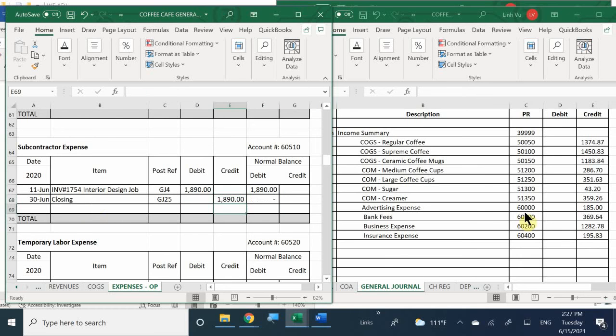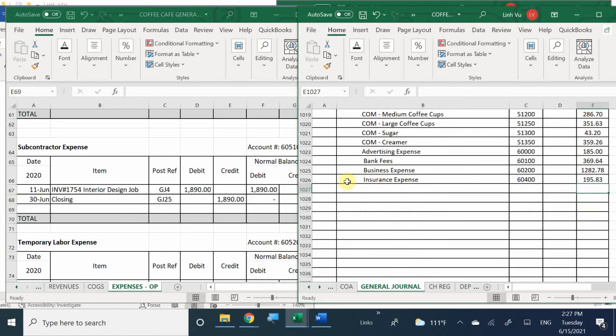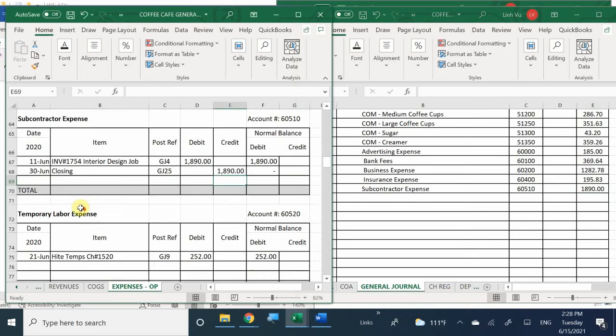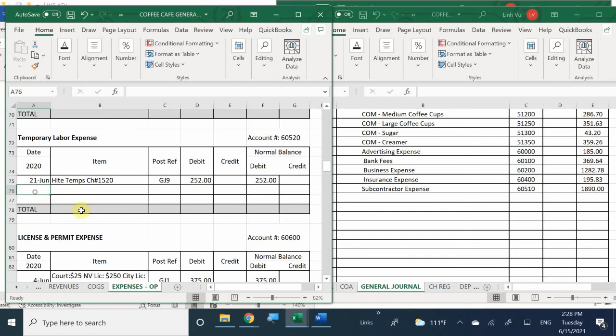For 1890. Next is temporary labor expense, for 252.